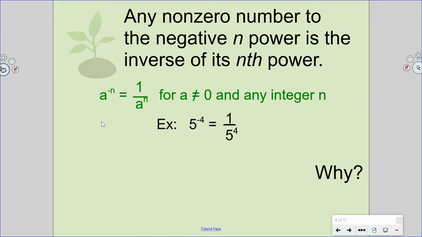Again, make sure that a value is not 0. As an example, 5 to the negative 4th, you could rewrite as 1 over 5 to the 4th. Or m to the negative 3rd, you could rewrite as 1 over m to the 3rd, the inverse of the 3rd power.